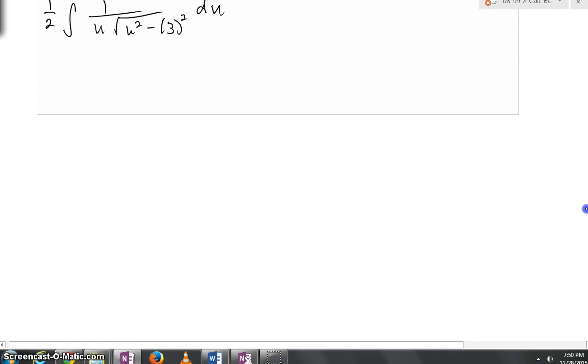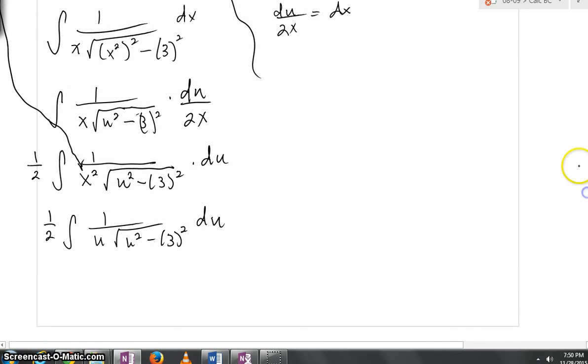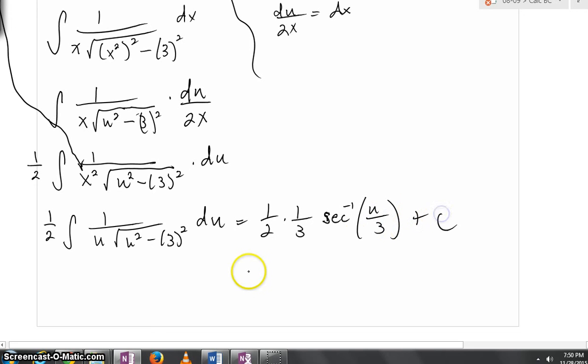And if we just follow that template, we could say, well, I'm going to have a 1/2 out in front, but I need 1 over a, I need 1 over 3. I'll need inverse secant of u over a, and then we'll say plus a constant.